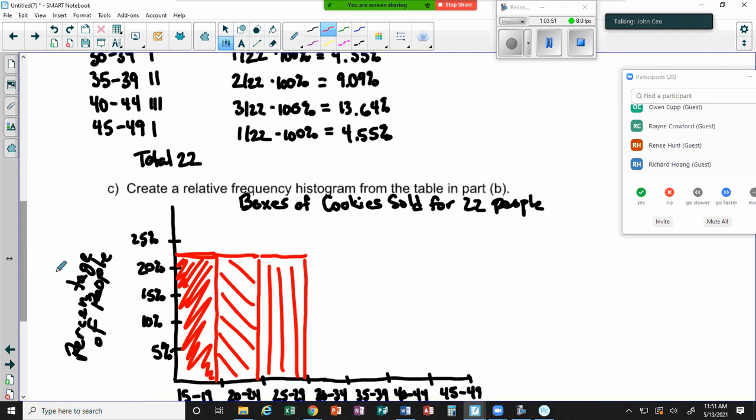That's 4.55. Just below 5%. 35 to 39. 9 point. Just below 10%.